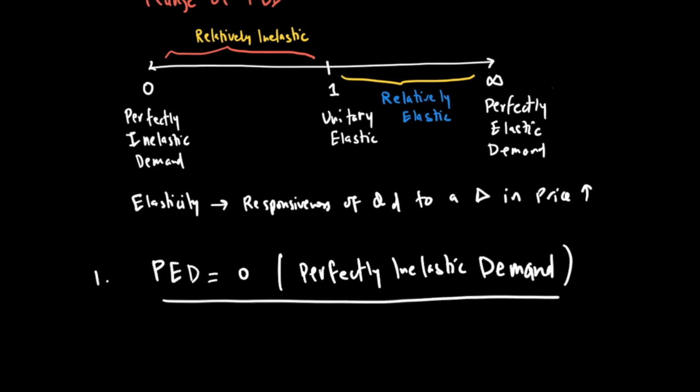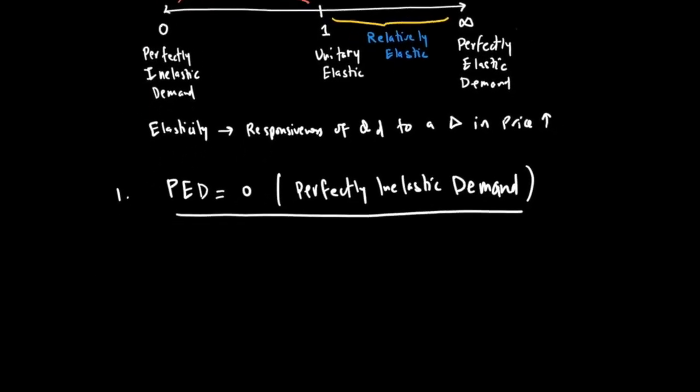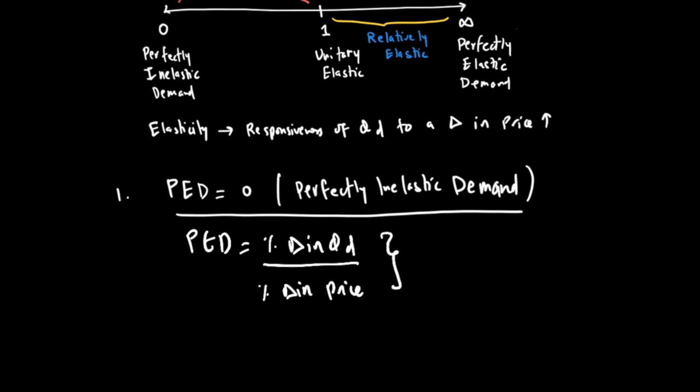If I'm saying PED is 0, which means, if we use our formula, PED is equal to percentage change in QD over percentage change in price, what we're trying to say is just that the quantity demanded is not responsive to a change in price. So there's no change in quantity demanded to a change in price. Like if the price goes up or goes down, there is no change whatsoever in quantity demanded.